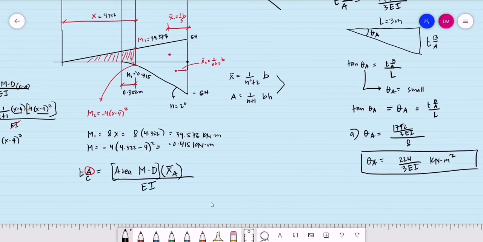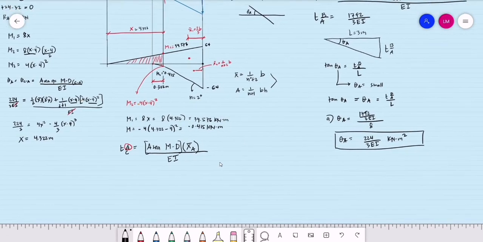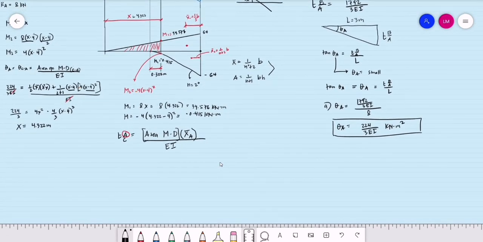Okay, so we are now computing for the deviation from C to A.